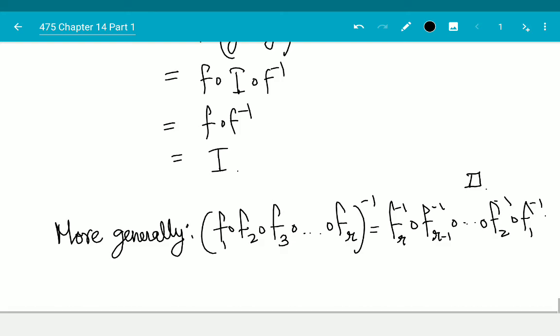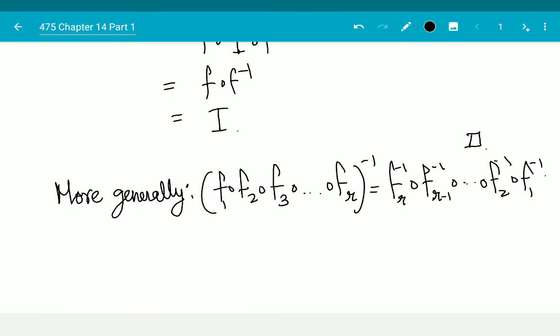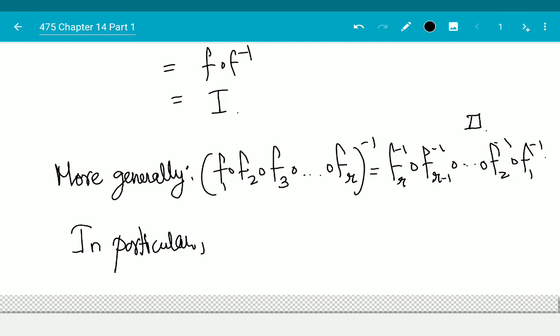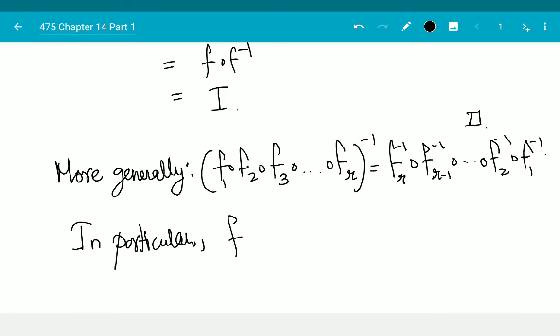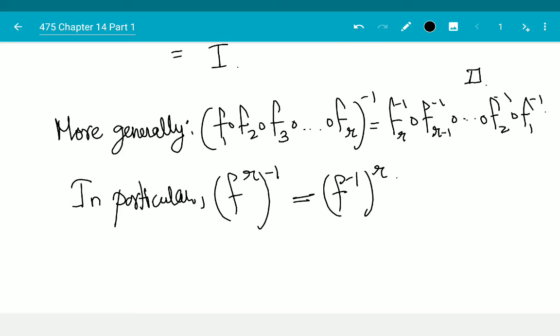Also this also means that in particular f to the r inverse would be equal to f inverse to the power r, right? Because what is happening? I am putting the same f1, f2, all of them are exactly equal to f, right?